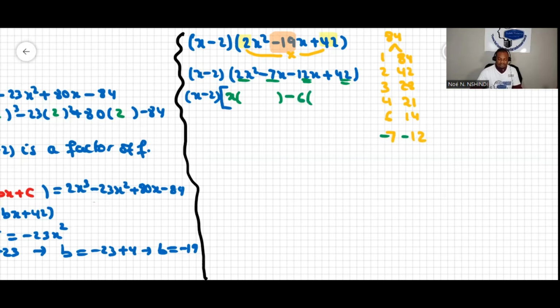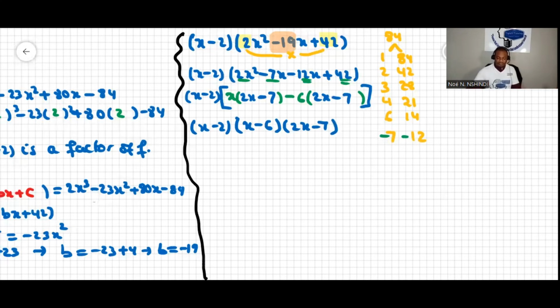And now in the bracket it must be 2x minus 7, and 2x minus 7 also. Now this makes x minus 2, then x minus 6, and then 2x minus 7. Now we can say that we have factorized fully.